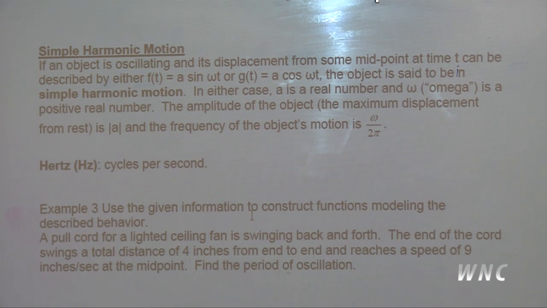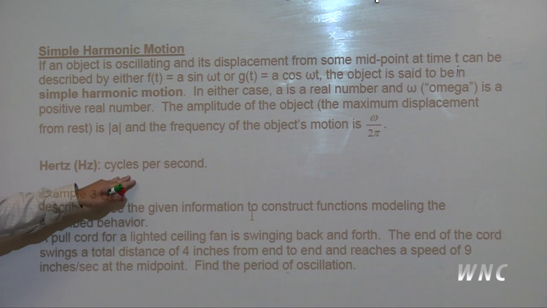In either case, a is a real number and omega is a positive real number. The amplitude of the object, that is the maximum displacement from rest, is the absolute value of a, and the frequency of the object's motion is omega over 2 pi hertz, that's number of cycles per second.